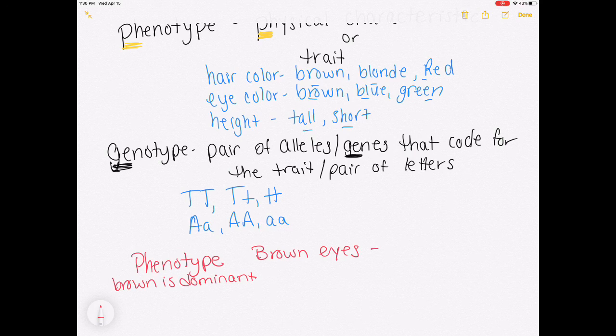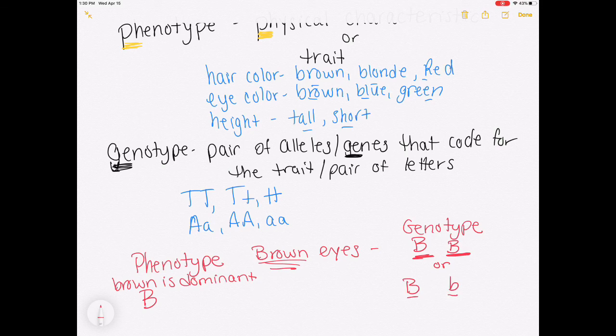There's two ways you can show brown eyes. But I'm telling you the phenotype because that's the physical characteristic, the word describing the trait. The genotype would be the pair of letters. Remember, you get one from dad and one from mom. In this case, brown is dominant, so big B is dominant, right? So I could be big B, big B, or big B, little b.